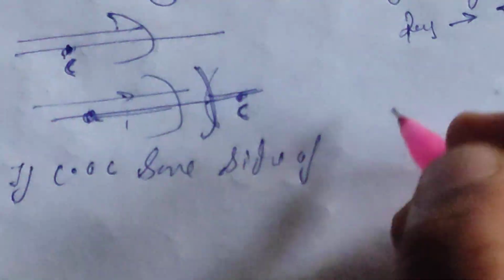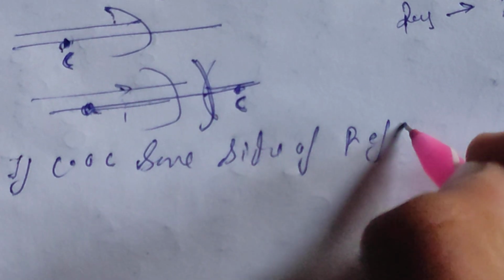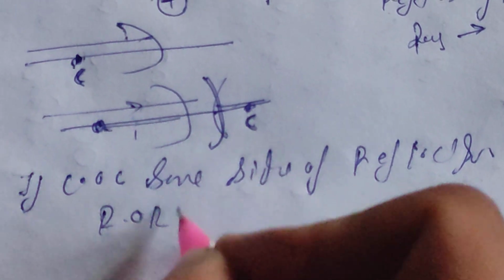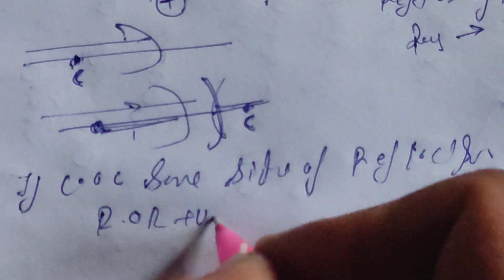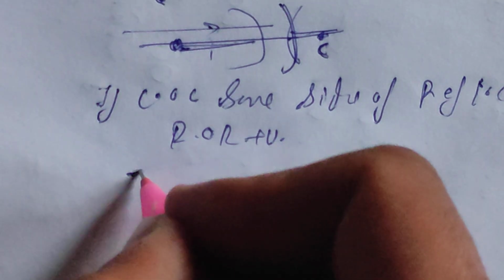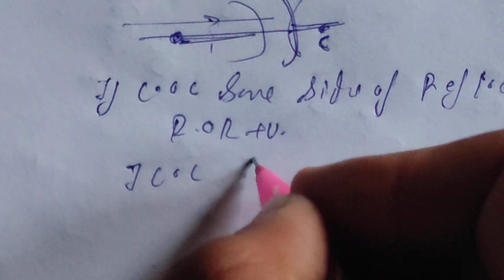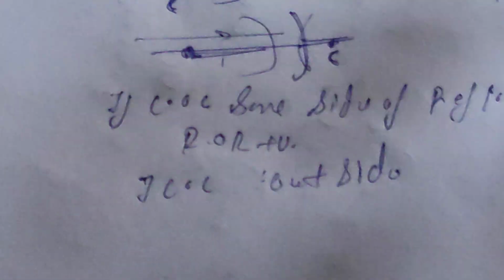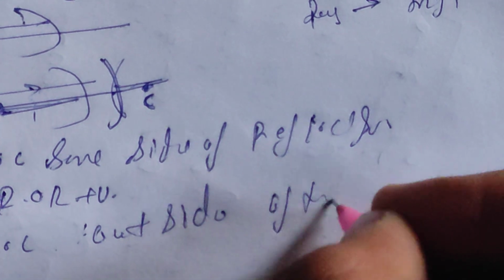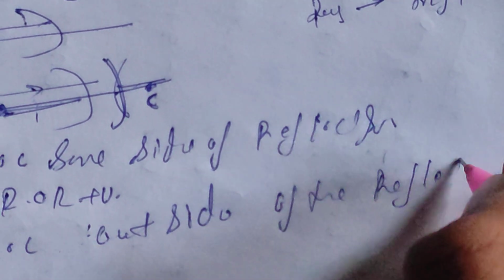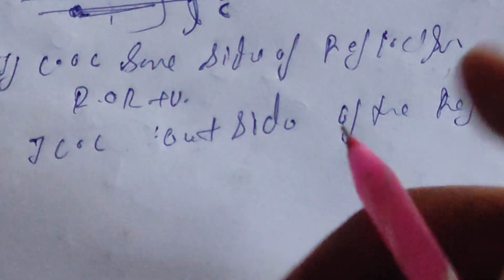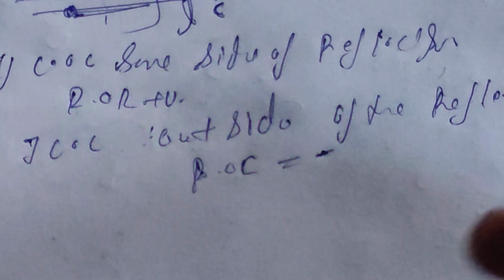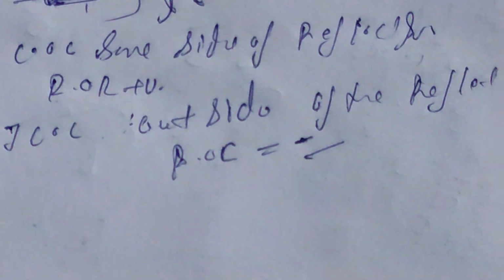Same side of the reflective surface, the radius of curvature is positive, otherwise negative. This is the case.